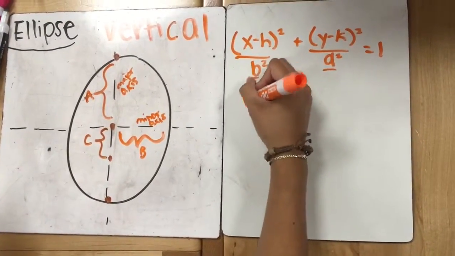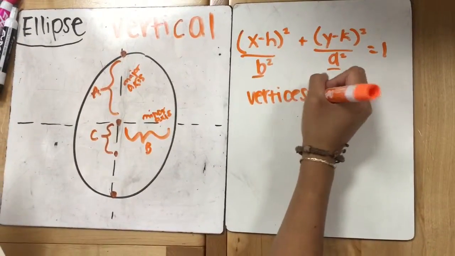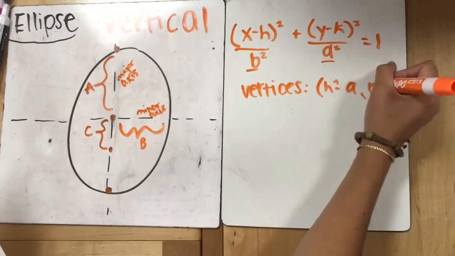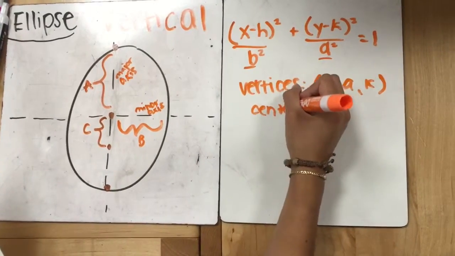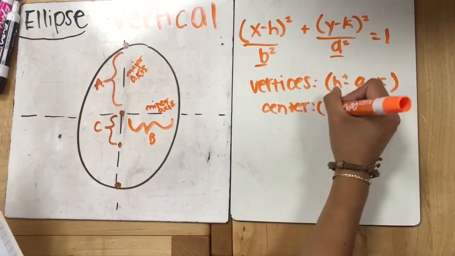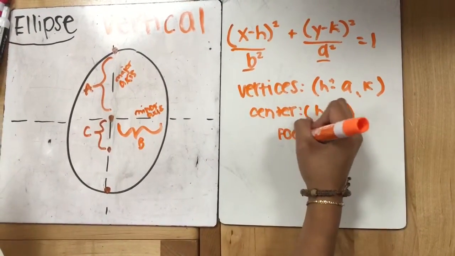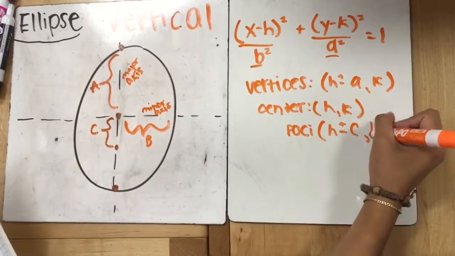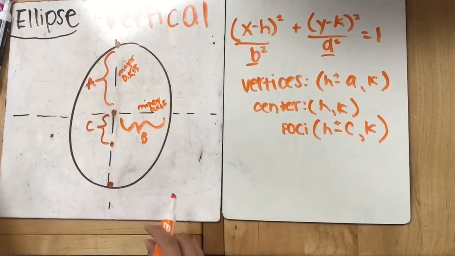For the vertices, they're equal to h, k plus or minus a. The center is always equal to h, k, and your foci are equal to h, k plus or minus c. So it's going to be the same thing as your horizontal ellipse.